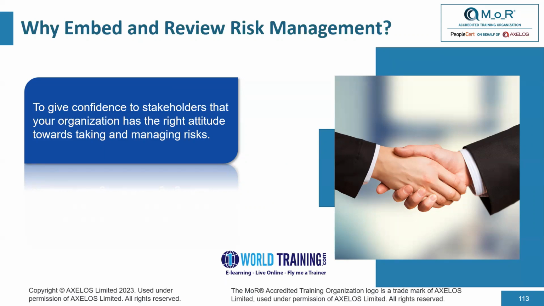Therefore, it's very important to embed risk management into the culture of the organization and regularly review how well risk management has been integrated into the organization's culture, to ensure risk management is being appropriately and successfully handled across the organization.